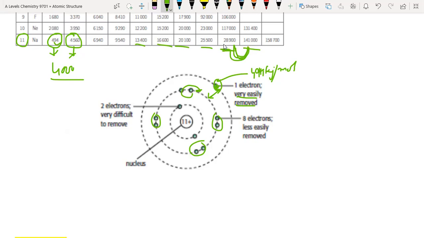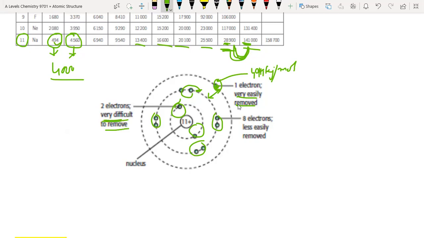This is 20,000 and this is 141,000, almost a 113,000 difference. As the second shell electrons have been lost, now we have to remove the electron from the innermost shell, that is the first shell. Electron removal from the first shell would be very difficult.